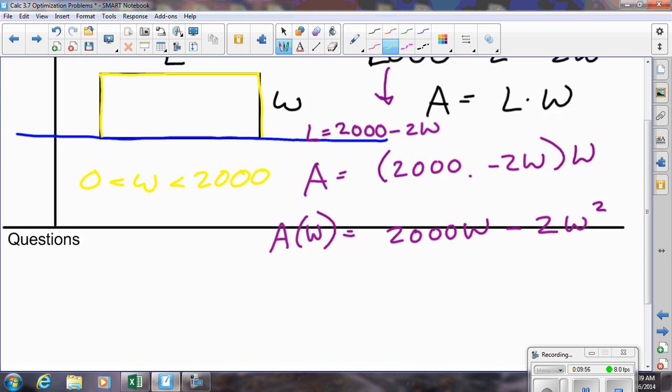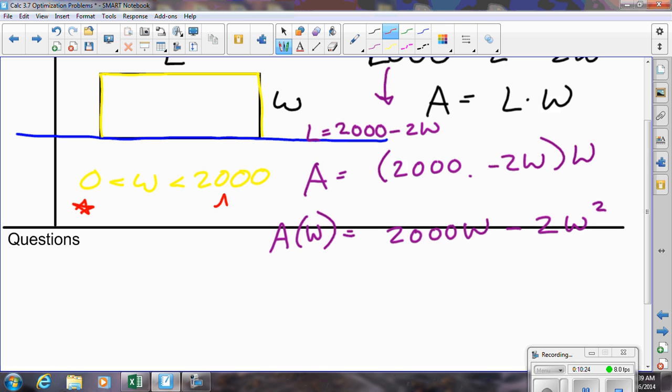At this point, we are now ready to turn the problem back into the stuff that we were doing at the beginning of our unit. We want to know, where does this piece have an absolute maximum, because we want the maximum area. Well, in order to get absolute extrema, remember absolute extrema can only occur in two or three different places.